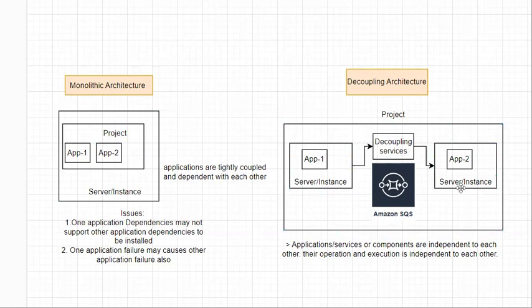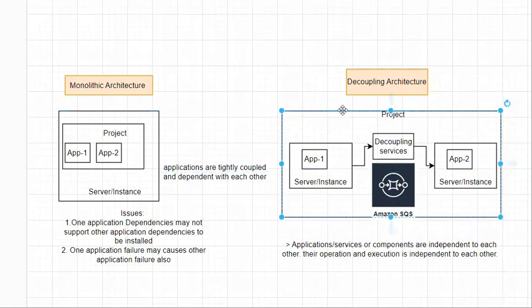Whereas here, the execution and operation of one application is independent of the other application, because the applications or services or components are independent of each other, right? Yes. So that's the major difference between monolithic and decoupling architecture.